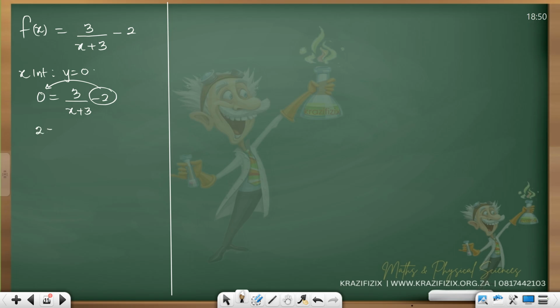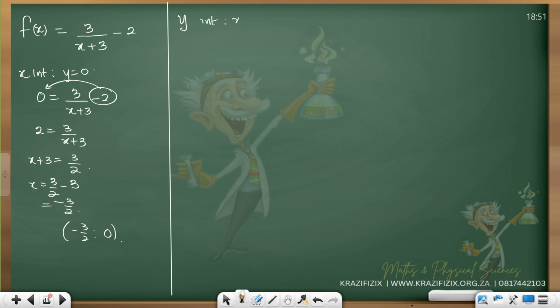This comes here and becomes 2. I bring my x plus 3 here, and I bring my 2 there. Then I move that 3 over 2 minus 3. What are you getting? Negative 3 over 2, whichever method you use.